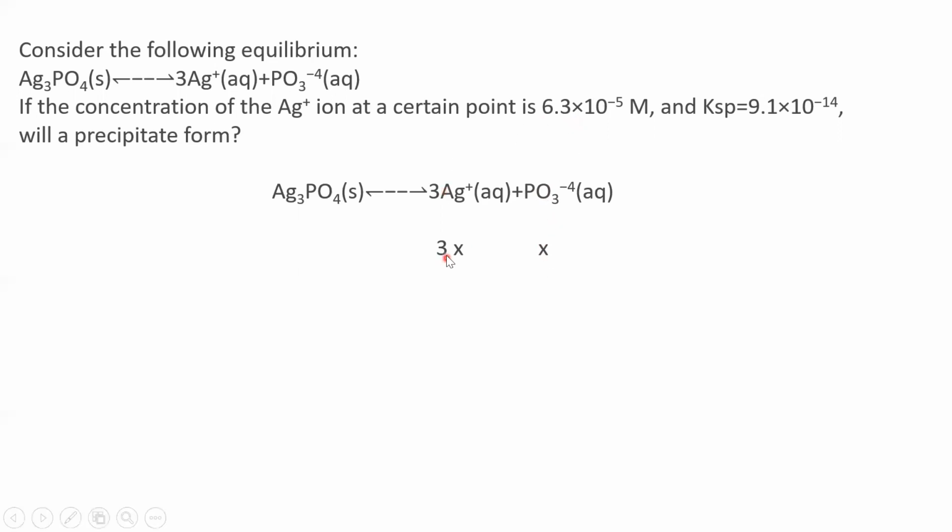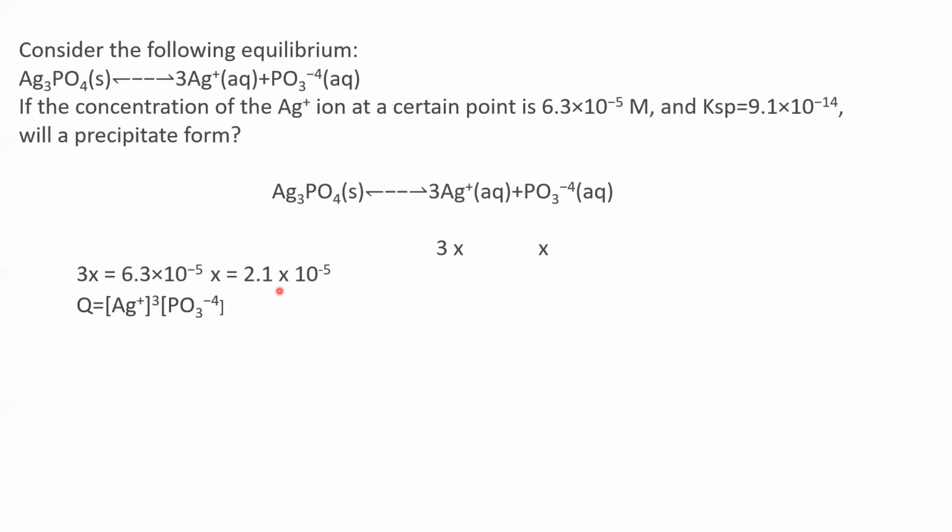The key to that is silver equals 3x, and 3x equals 6.3 times 10 to the minus 5. Agreed. So you are dividing by 3 to solve for x, which gives you your phosphate. I totally agree. Okay, so our silver ion is 6.3 times 10 to the minus 5. That means our phosphate ion is 2.1 times 10 to the minus 5.